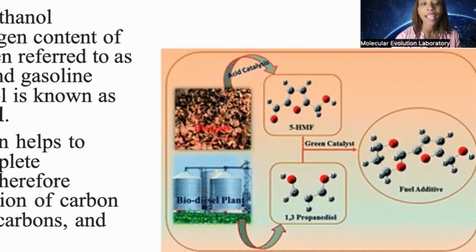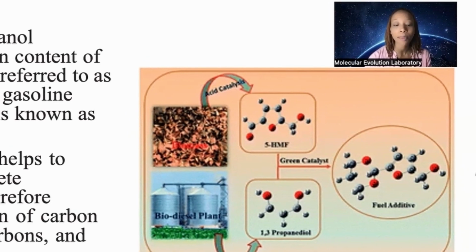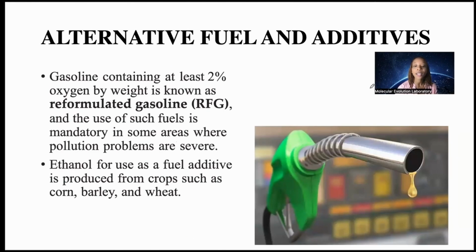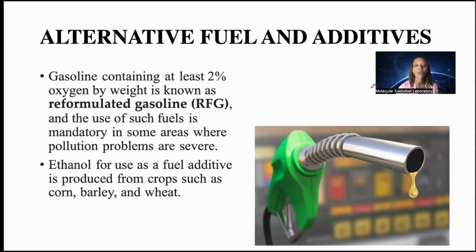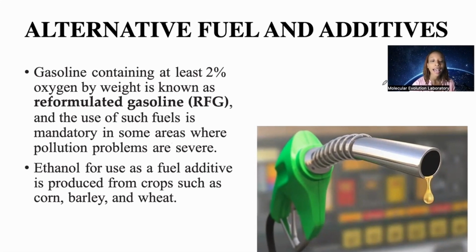The added oxygen helps to ensure more complete combustion and therefore reduces the emission of carbon monoxide, hydrocarbons, and soot. Gasoline containing at least 2% oxygen by weight is known as reformulated gasoline, or RFG, and the use of such fuel is mandatory in some areas where pollution problems are severe.